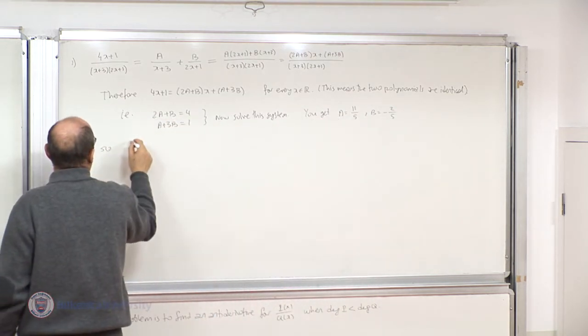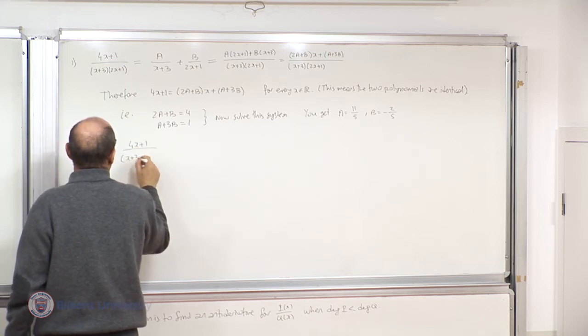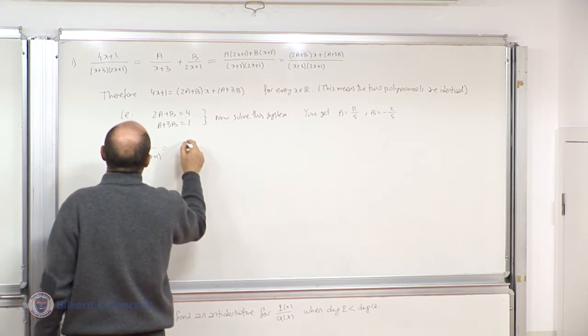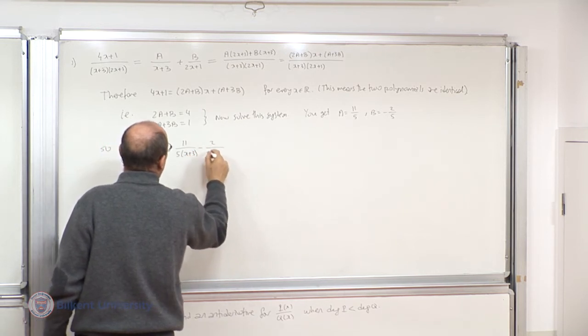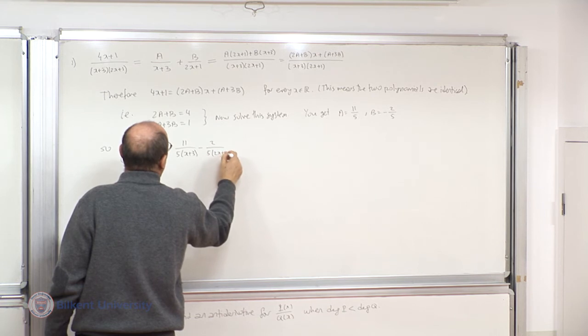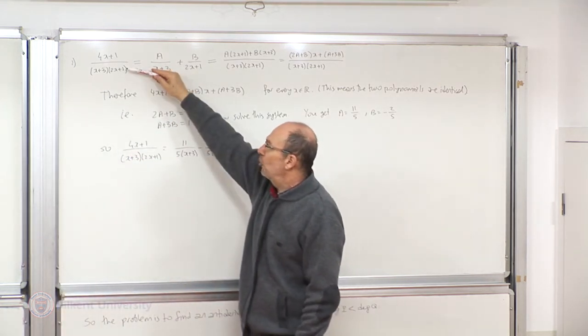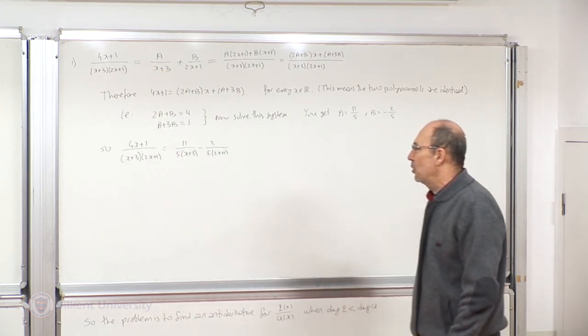So (4x plus 1) over (x plus 3)(2x plus 1) is equal to 11/5 over (x plus 3) minus 2/5 over (2x plus 1). Software will convert this to partial fractions and immediately give you this.